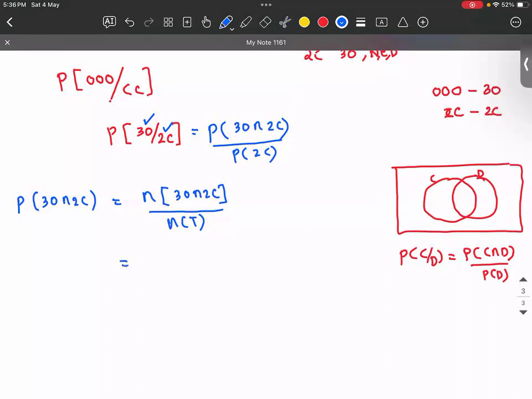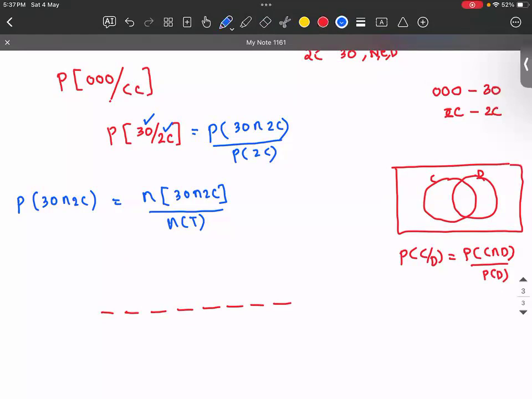Am I right? So how will we find the number of arrangements with 3 O's and 2 C's together? We will draw that situation here. We have 8 letters, so 8 spaces to fill.